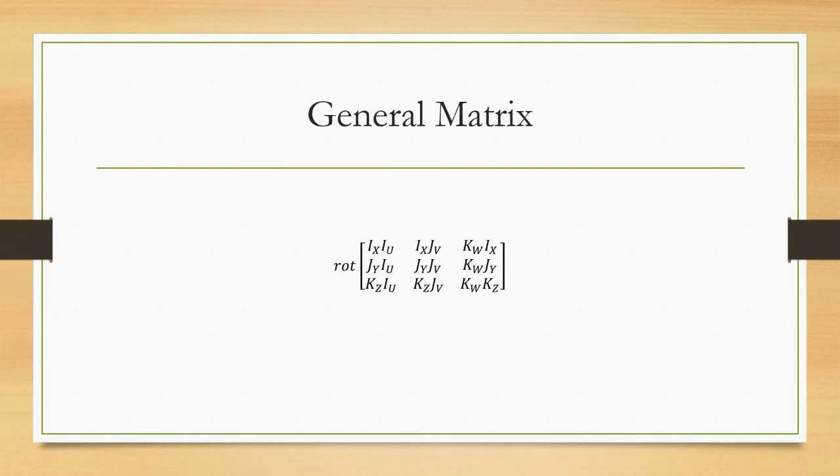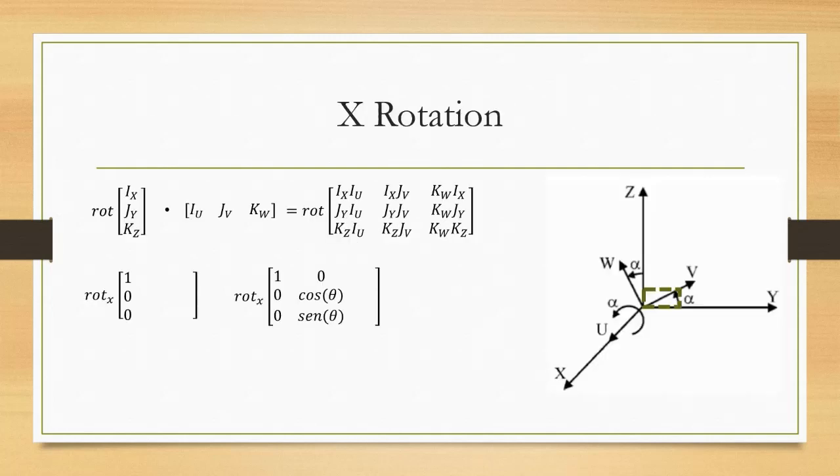If we want, we can decompose the general matrix into the rotation about each axis. In this case, we are going to present the x rotation. Following the formula of the general matrix, we can observe the behavior of the vector u with respect to the axes x, y, and z. As we can observe, the vector u and the projection on the axis x lie one above the other.